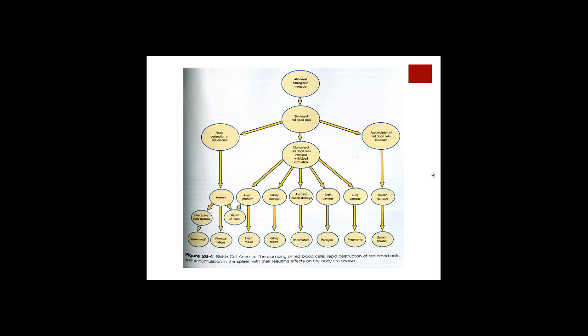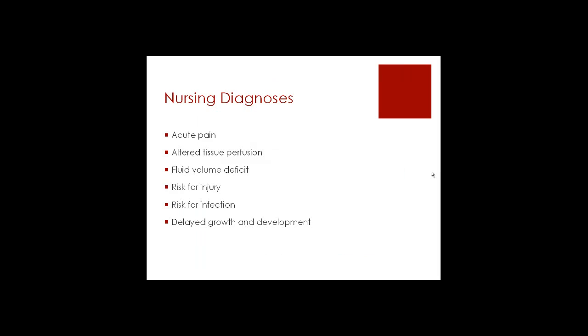This is a diagram here that shows you, again, all of the types of things that we were just talking about. Just another way to lay it out for you. I added some nursing diagnoses that would be common for your patient with sickle cell anemia.